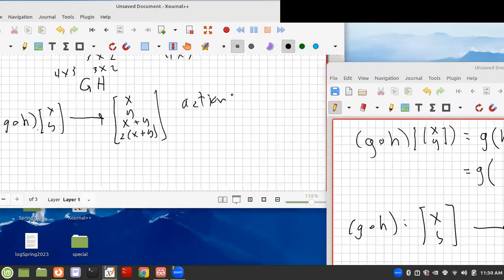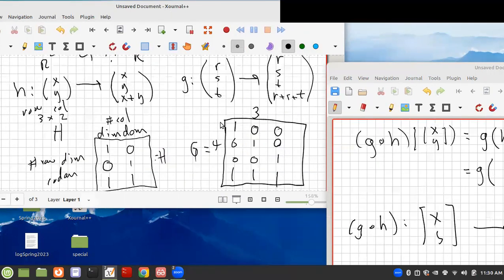Action of composed maps. We're going to see, can we get the same thing from multiplying G and H?